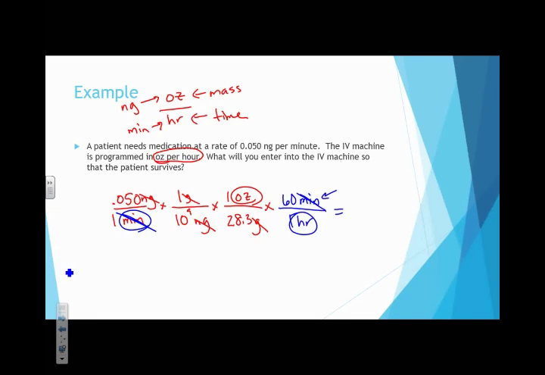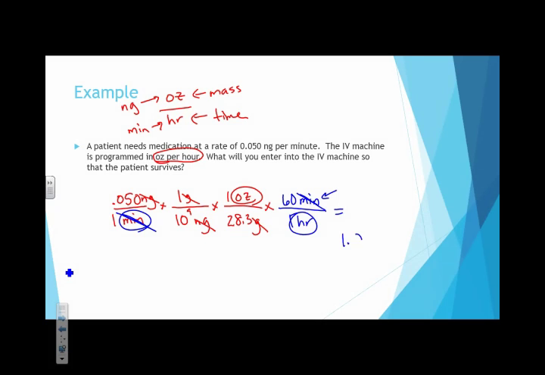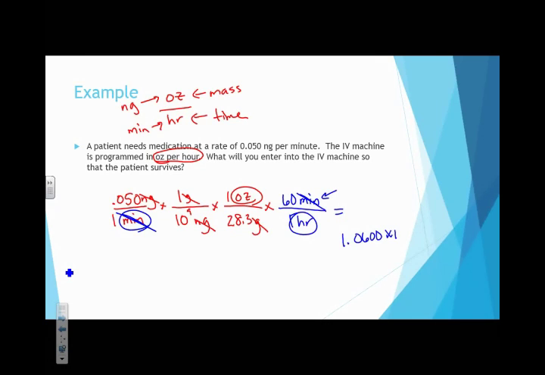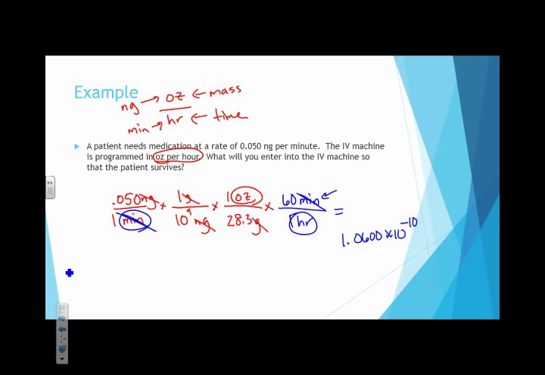Put it into your calculator. It's a good one to practice doing with me because sometimes putting 10 to the 9th into your calculator can go incorrectly. So you want to just double check here and make sure you come up with the same answer that I do. And times 60. And I get this number, 1.0600 times 10 to the negative 10th.